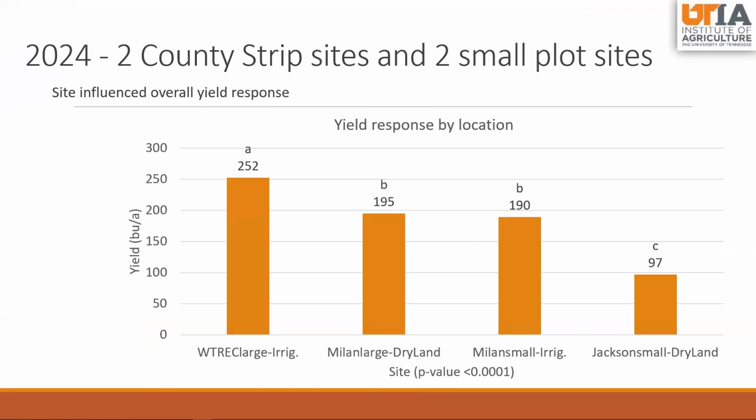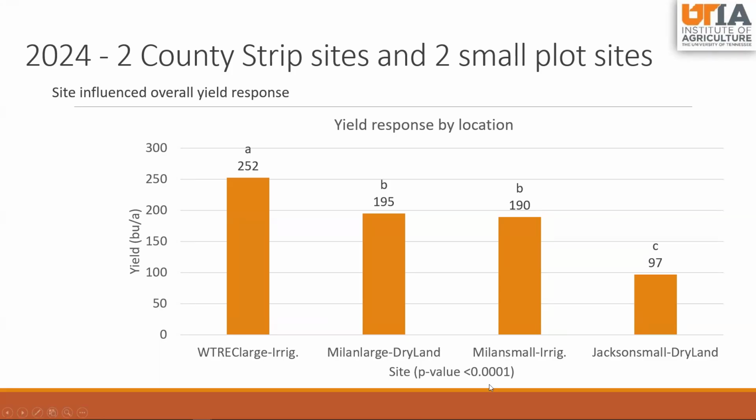Looking at our first year, 2024 data from those CST hybrid trials, with and without a fungicide: in general, across this data set, the site where we did the trial really impacted our yield response in 2024. Starting on the right-hand side in Jackson, dryland, we went through a drought of almost 60 days straight, starting the last day of July and going through August, so yield was highly impacted there.